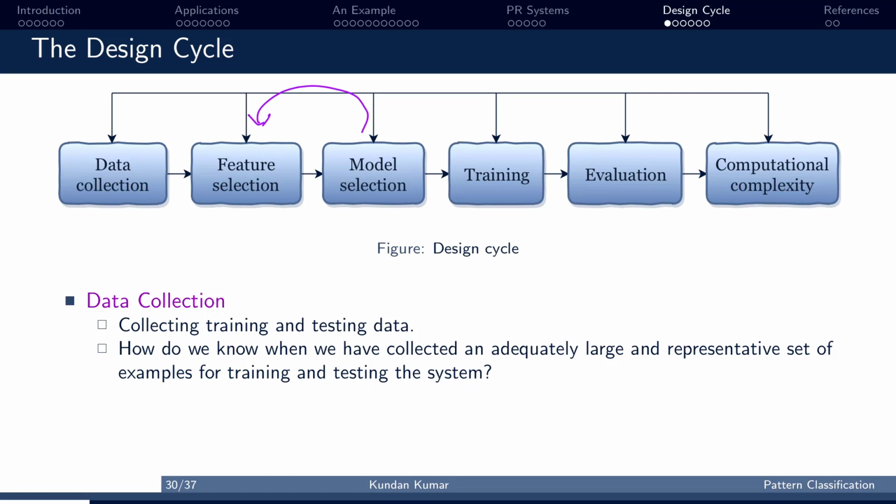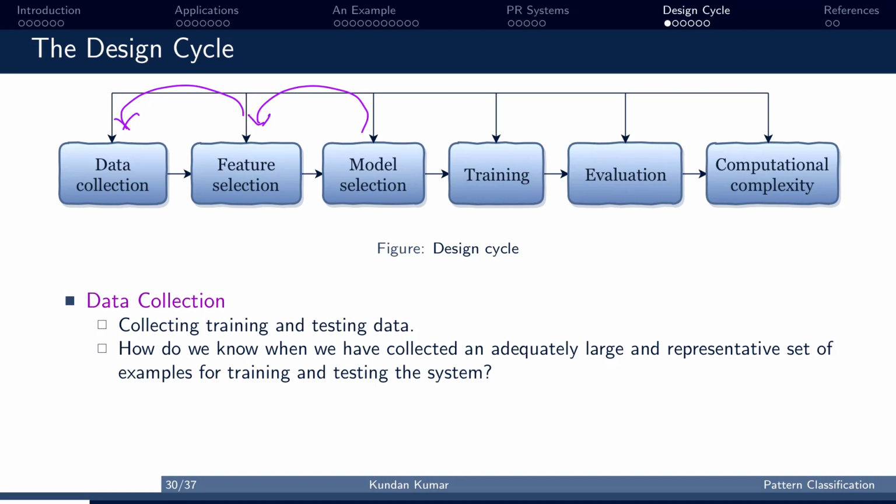Here every step is basically in a cycle. Maybe if we are not getting good features and our model is not working properly, then maybe the data we have collected is full of errors. Lots of errors are there in that data, so again we have to collect the data. So this is a kind of loop. That's why it is called the design cycle.